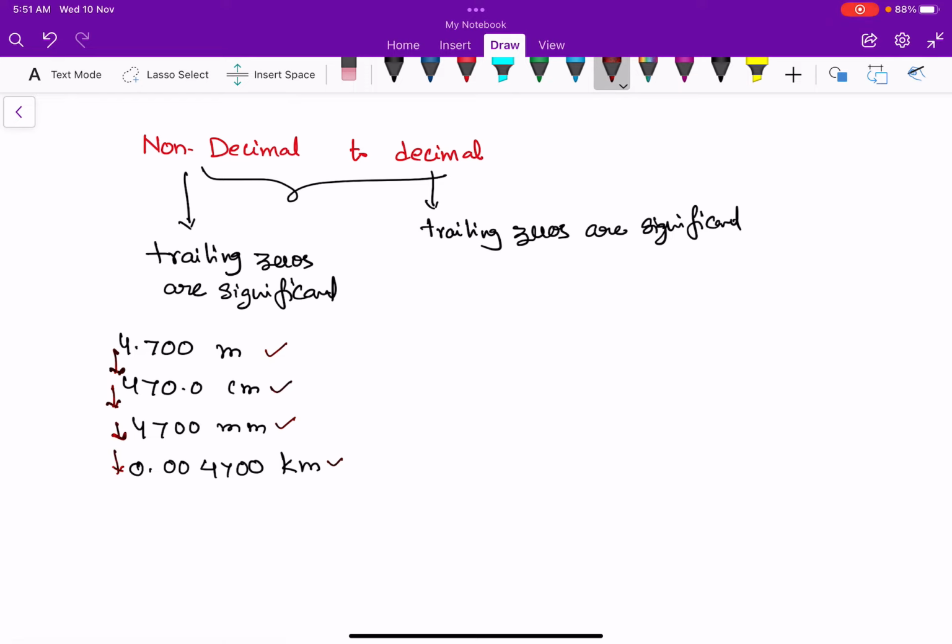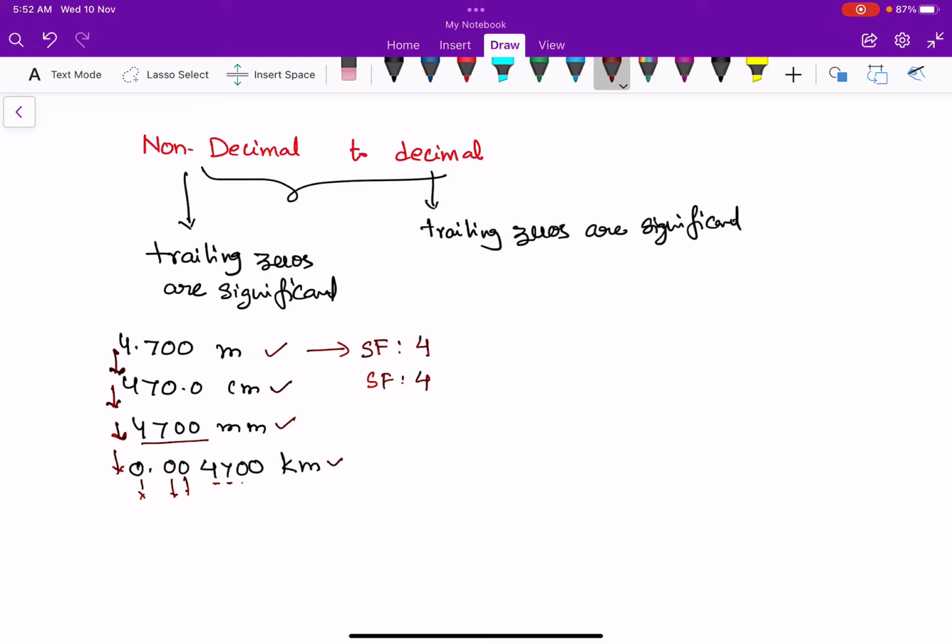Observe this. What are the significant figures in the first one? 1, 2, 3, 4. Here 1, 2, 3, 4. Here again, what is this? 4700. And what is this? Counted or not counted? Not counted. Counted, counted, right?